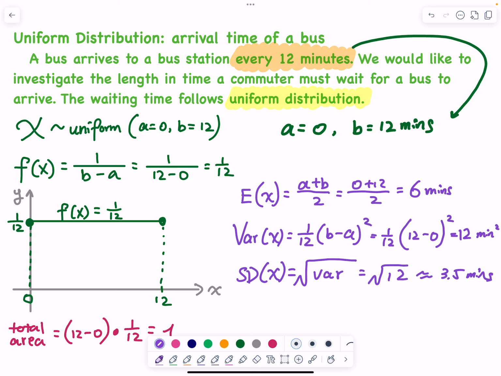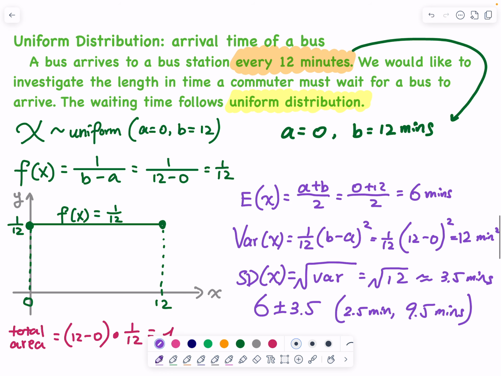You can say on average, you have to wait 6 minutes, and to create a better estimation, you can do an interval estimate, plus or minus 3.5. 6 minus 3.5 is 2.5 minutes, and 6 plus 3.5 is 9.5 minutes. So when you want to see a bus, on average, you have to wait around 2.5 to 9.5 minutes.